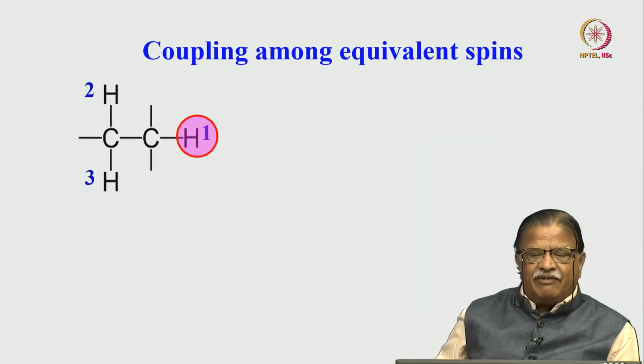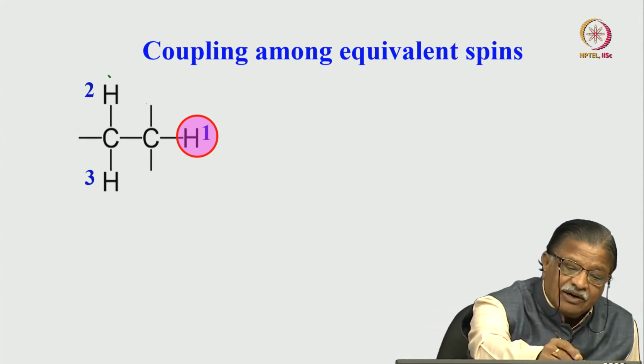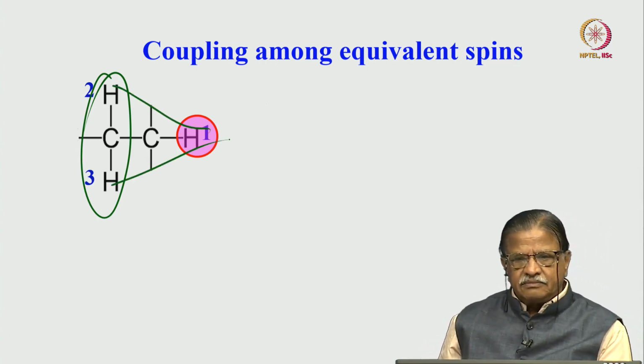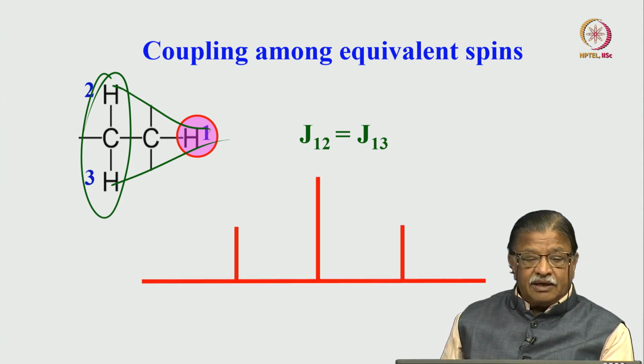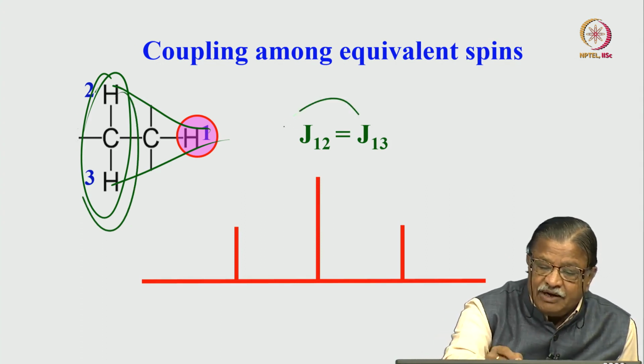Now we have equivalent couplings, equivalent spins. Consider equivalent spins such that not only the chemical shifts are the same, but the couplings to this and this are the same. For example, I look at proton 1 when it is coupled to two other protons, J12 is equal to J13.